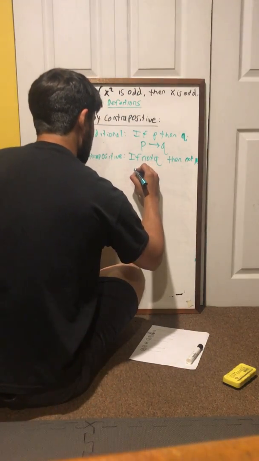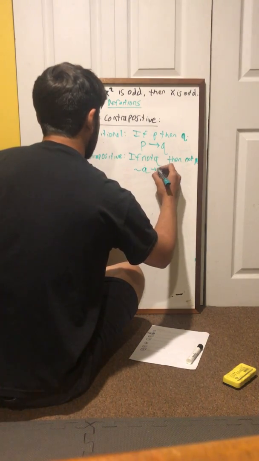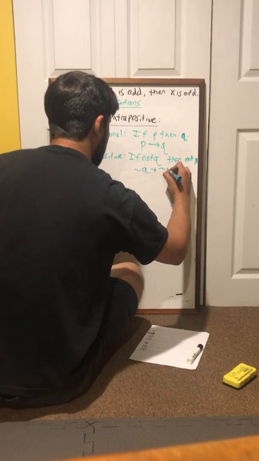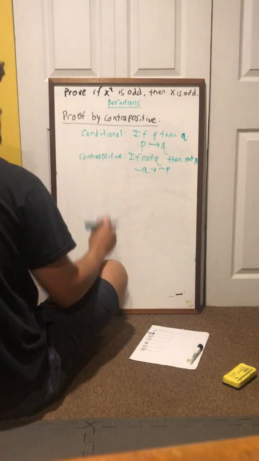And it's going to be with symbols like this. If not Q, then not P. Okay, so that's our setup for a proof by contrapositive.